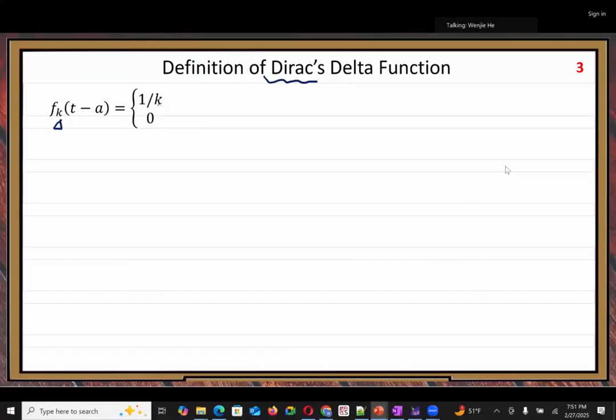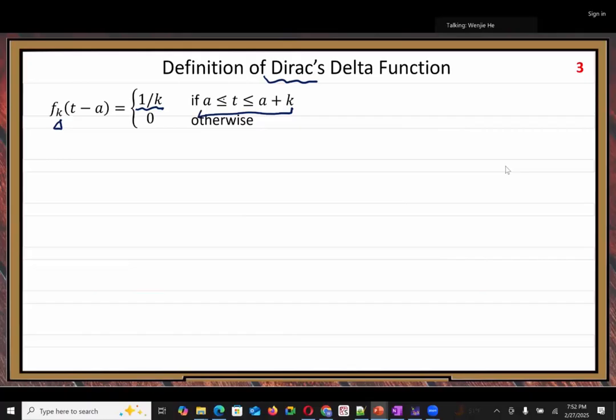You can see it's a step function, with a non-zero value of 1 over k in the interval between a and a plus k, and otherwise 0. This is defined for all positive integers k: k equals 1, 2, 3, 4, 5.